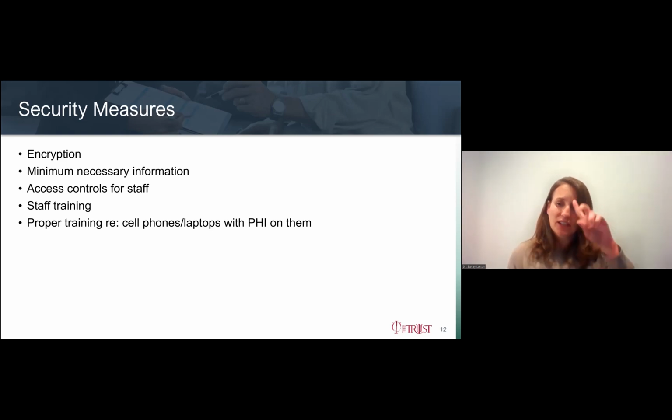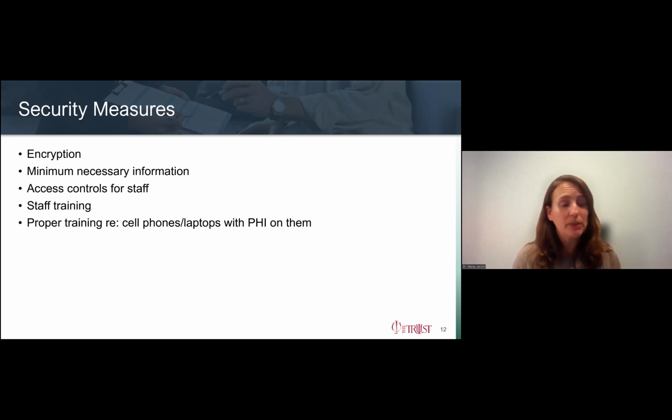That can be done using external hardware that has encryption installed on it. So you can buy flash drives and external hard drives that have encryption programs on them so that when you save information, it's encrypted onto that flash drive. Or you can purchase email products that allow you to email encrypted PHI to patients, providers, and insurance companies.